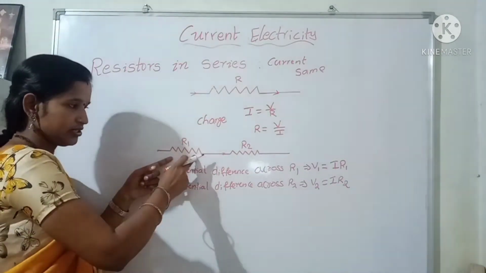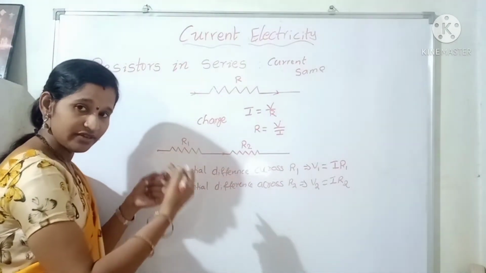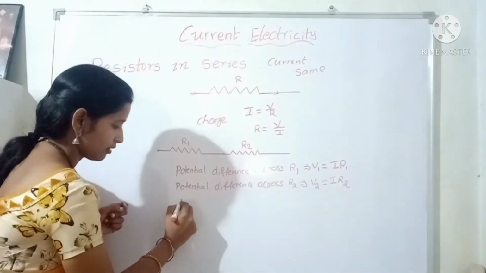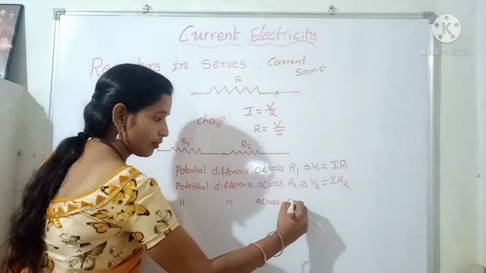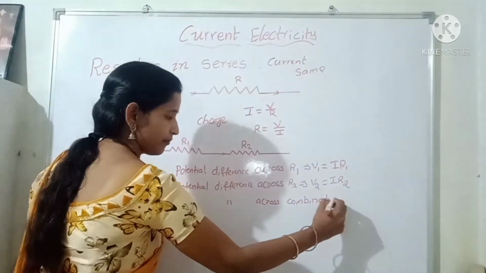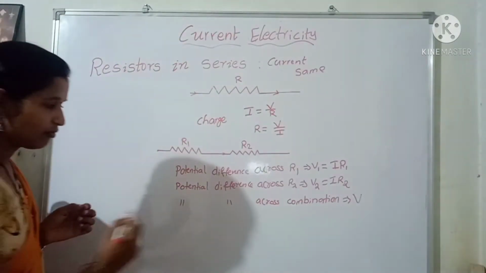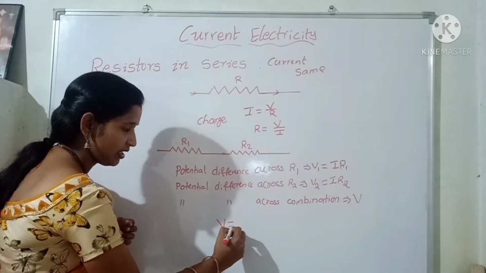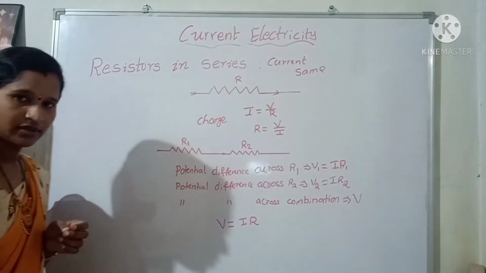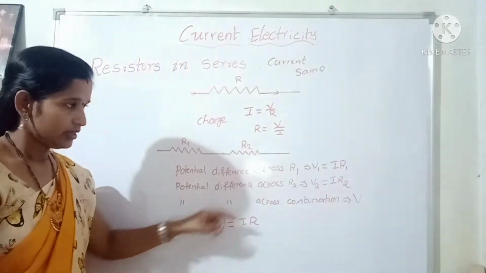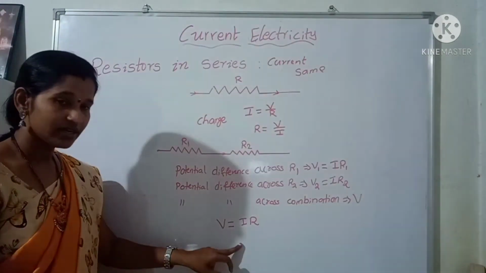Here we wrote the potential differences. What is the potential difference across the combination? The potential difference across the combination is V. From Ohm's law, V equals I R. This is for resistor R1, this is for resistor R2, but this is for the combination.